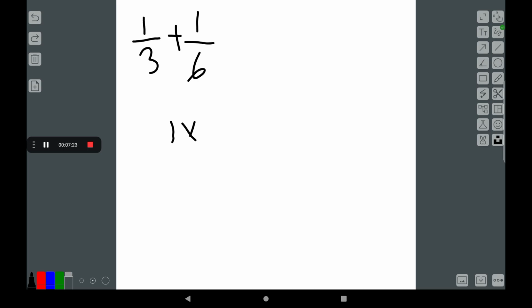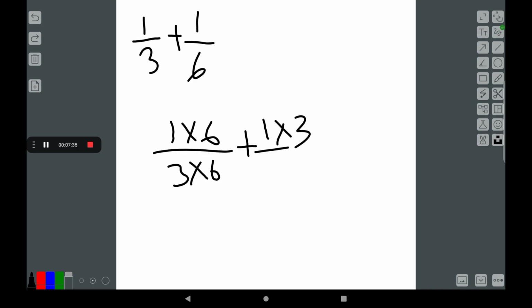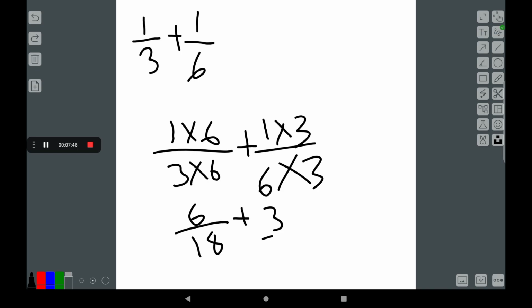So here we multiply 3 with 6. First 1 into 6, 3 into 6, plus 1 into 3, 6 into 3. The answer we find is 6/18 plus 3/18.